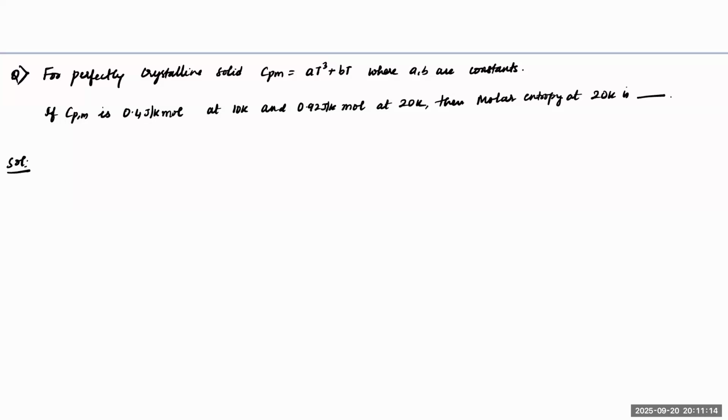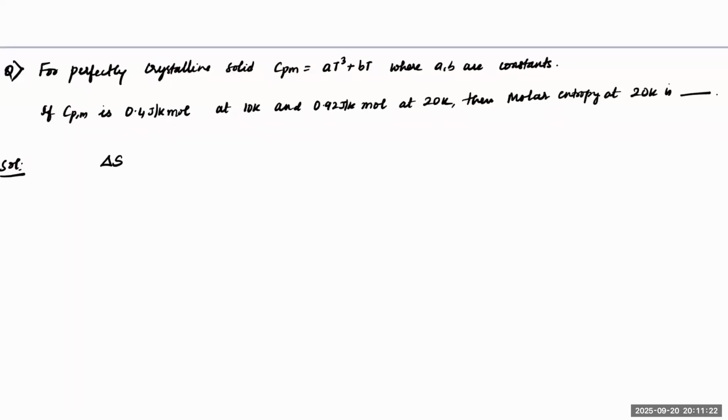Please check. See, delta S at temperature T, that is at 20 Kelvin, will be equal to S at 20 minus S at 0 Kelvin, correct?